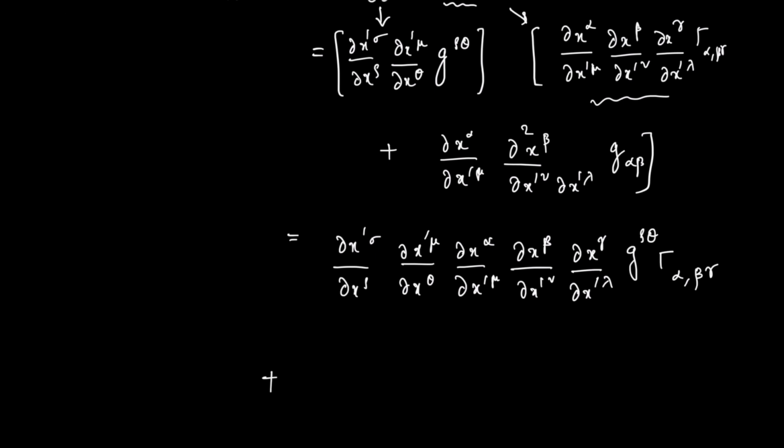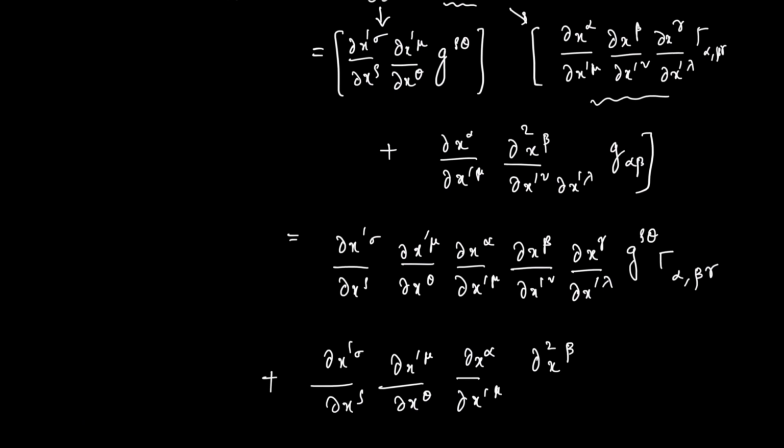So that will be given by partial derivative of x prime sigma with respect to x rho, partial derivative of x prime mu with respect to x theta, x alpha with respect to x prime mu, x prime nu, x prime lambda, g rho theta, g alpha beta.